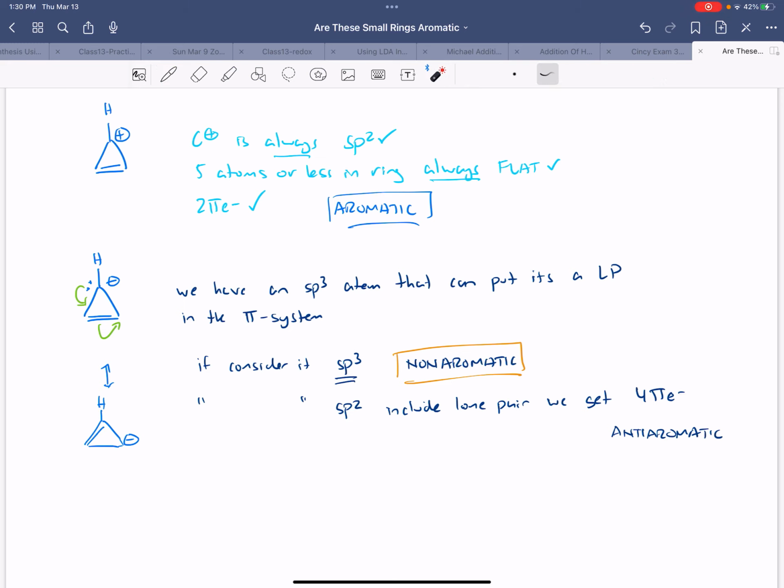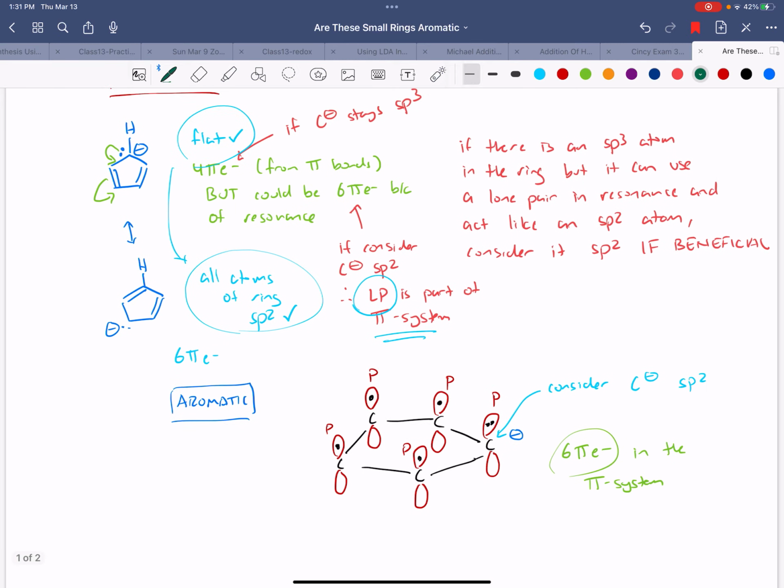So in this case, this is tricky because here we're going to keep it as sp3. The conclusion here also is that the molecule is non-aromatic and the lone pair is in an sp3 orbital. Do you see how that is different than before? Look over here.